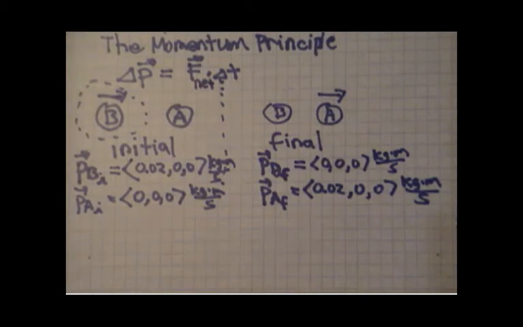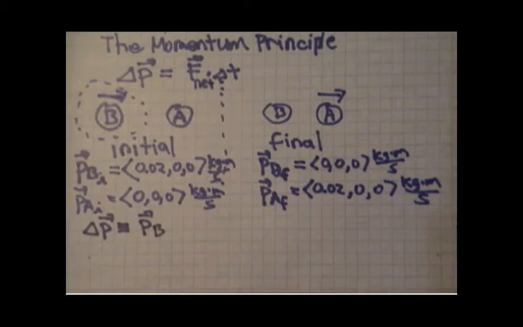Okay, so I've chosen ball B as my system, and what that means is, if I want to analyze the change in momentum that occurs during the collision, I am calculating the change in the momentum of ball B. So by definition, a change in momentum is a final momentum minus an initial momentum.